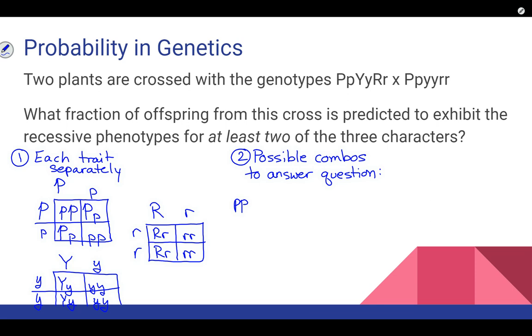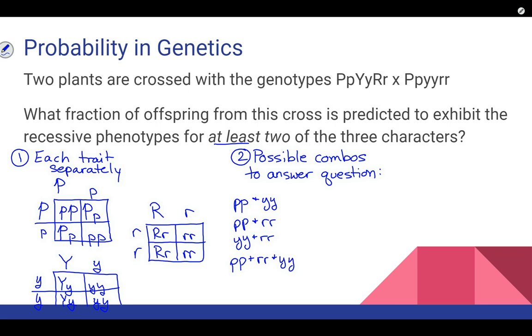It could mean they're homozygous recessive for P and Y. It could be P and R. It could be Y and R. And it also says for at least 2, so it could be all 3. Are you with me on the logic so far?